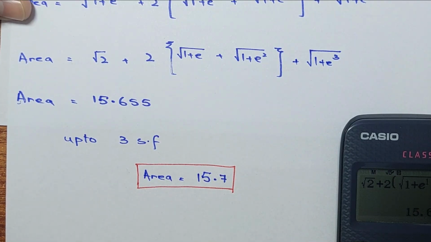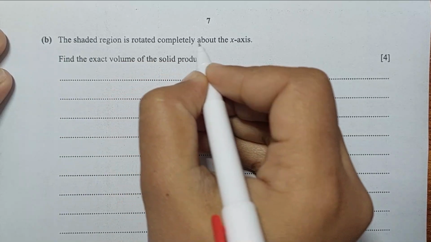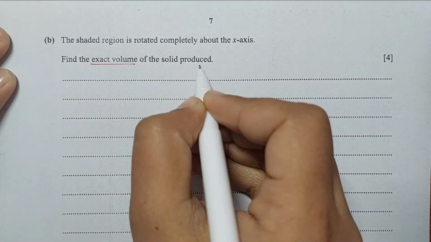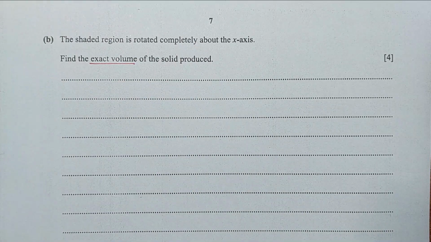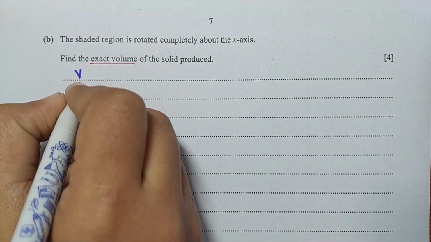That is the area. Now for part B, the shaded region is rotated completely about the x-axis. Find the exact volume of the solid produced. Exact volume of the solid is a volume of revolution basically.